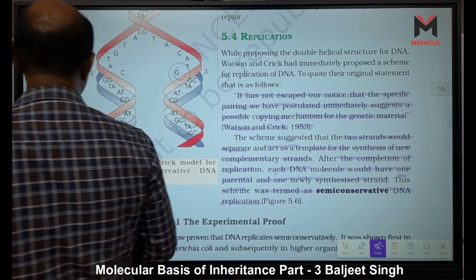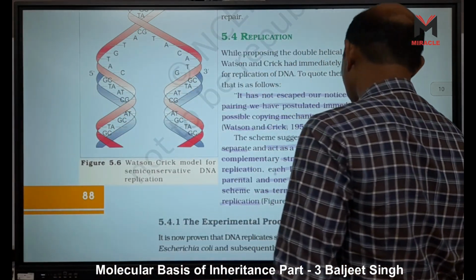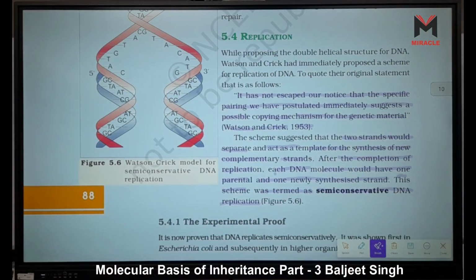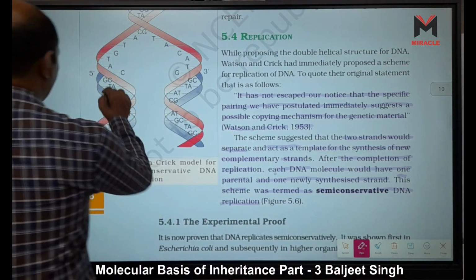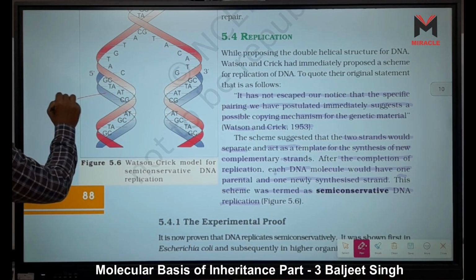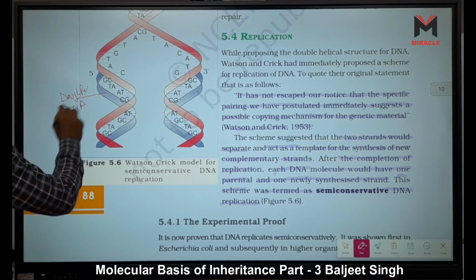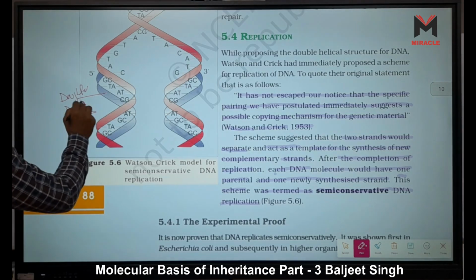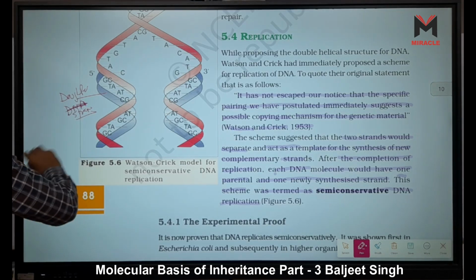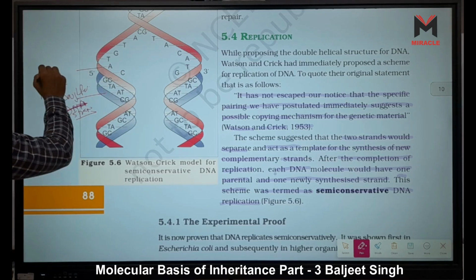As we see here, right? Do you understand what is given? We can see here the daughter strand, that is newly formed, and that one is parental.